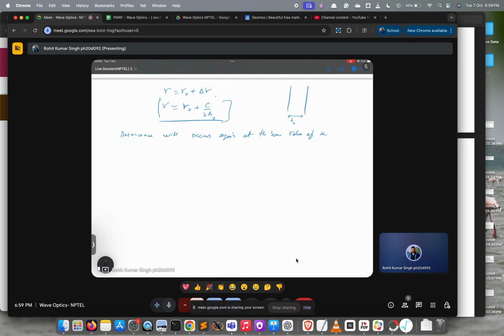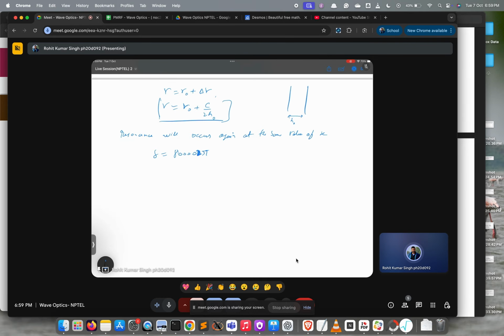And corresponding to this frequency of light, you can again calculate the phase difference. But we know that the next phase difference where the resonance happens is this one. Sorry, this one.